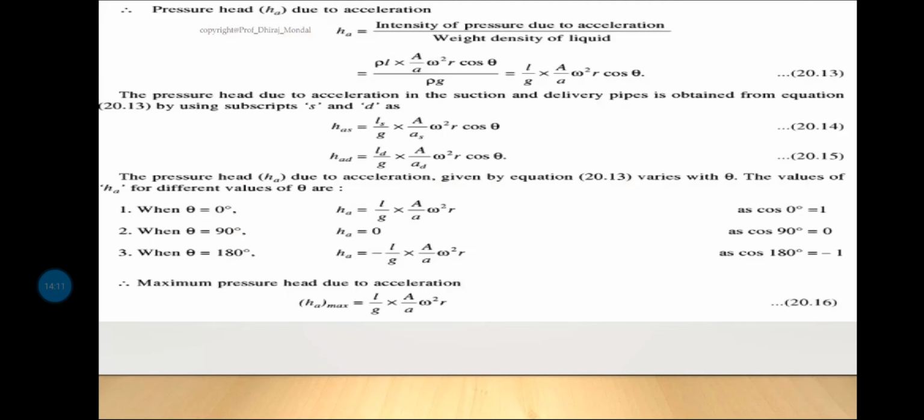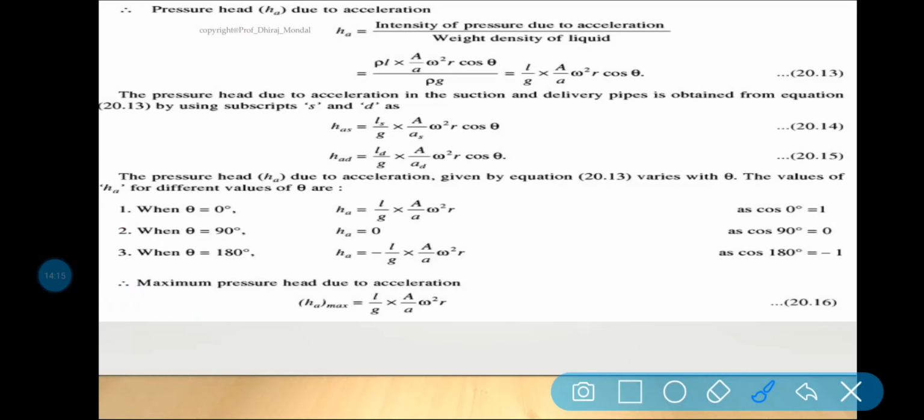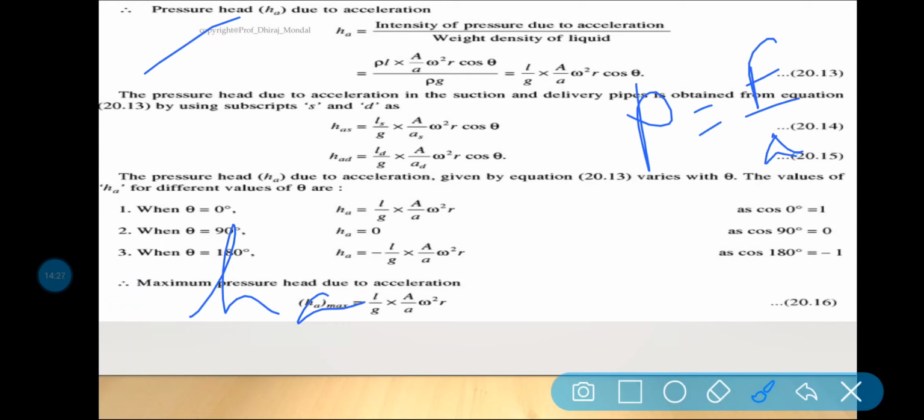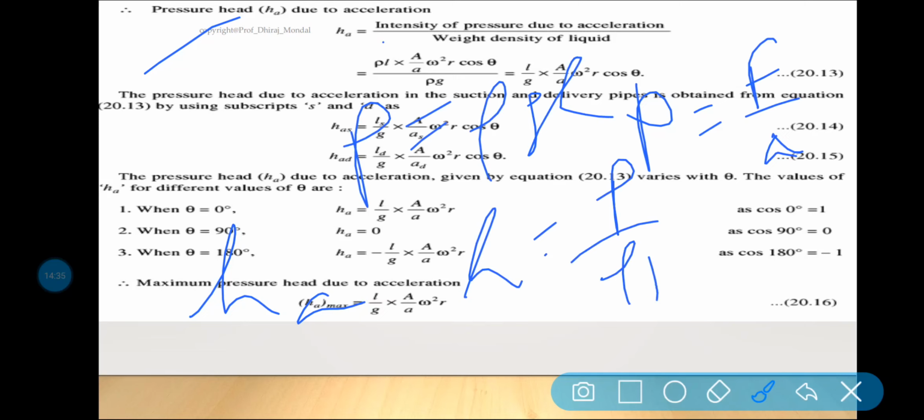Am I right? Now come to the last slide of this lecture. Pressure head HA due to acceleration. Already I have got that pressure is equal to force per unit area, and this value I have got. Now we know that P is equal to rho g H, so H is equal to P by rho g.